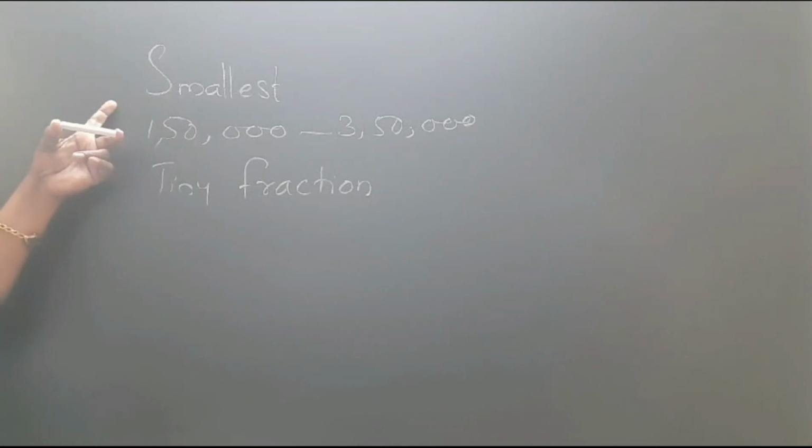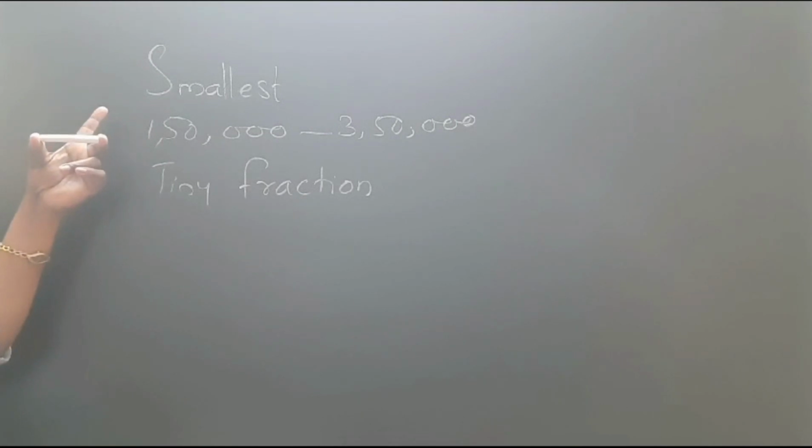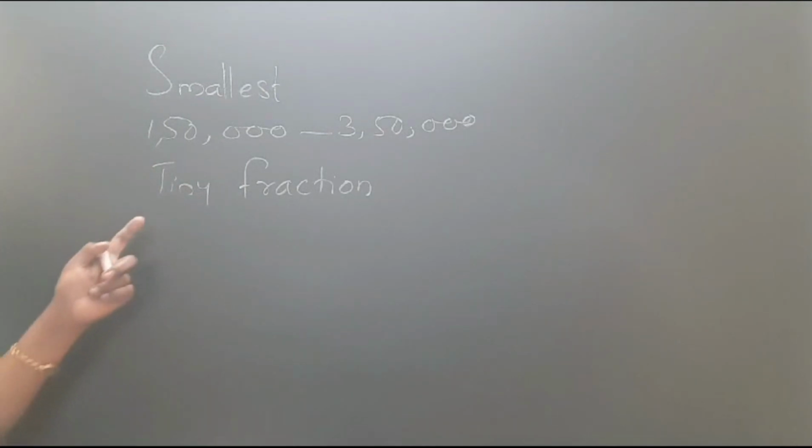They are the smallest blood cells. The normal platelet count is 1,50,000 to 3,50,000. Since they are very small, they make a very tiny fraction of the blood volume.